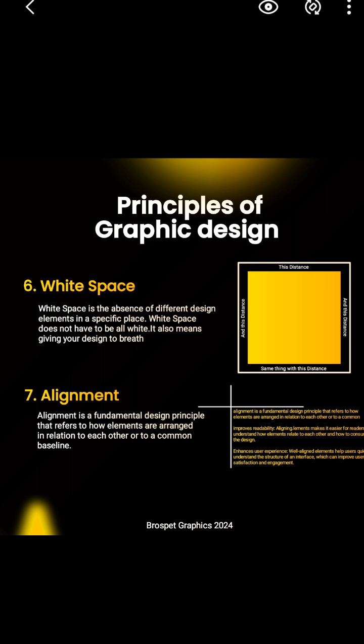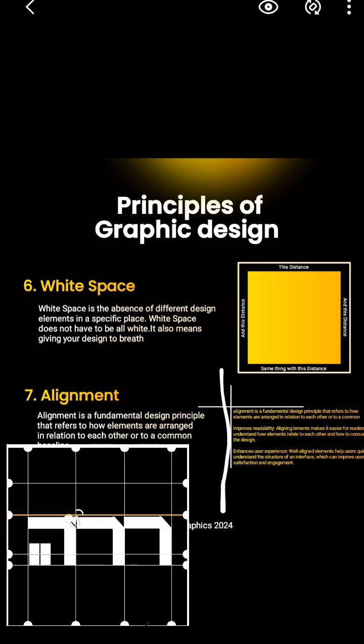See this line, you see that it's straight. In this sample, there is something like a ruler that guides it. So next time you are designing, make use of a grid or something like a ruler. Have a ruler in your mind.